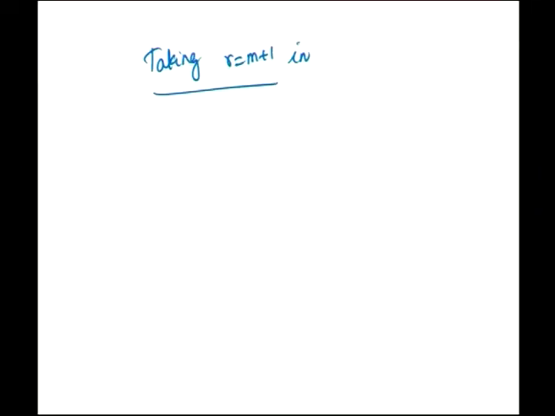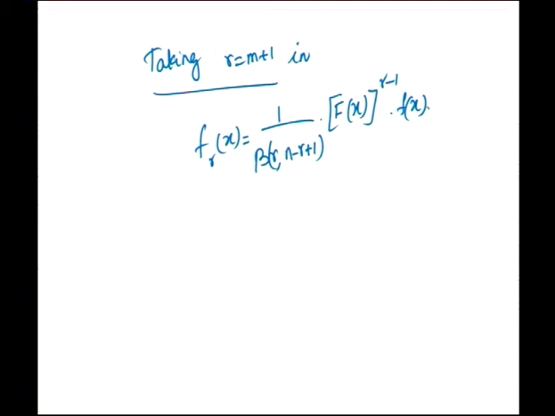PDF of the rth order statistic is given by f_r(x) equal to 1 by beta of (r, n minus r plus 1) into F(x) whole power r minus 1 into PDF f(x) into (1 minus F(x)) whole power n minus r. Now, substitute r as m plus 1, capital F(x), that is the CDF for this distribution, as x, and f(x) is 1.